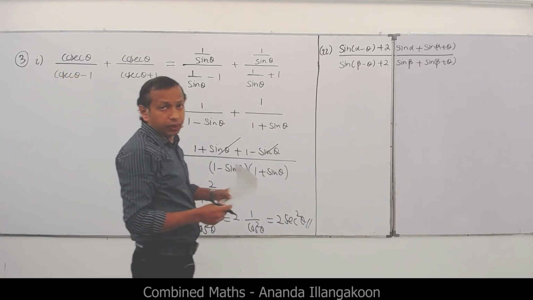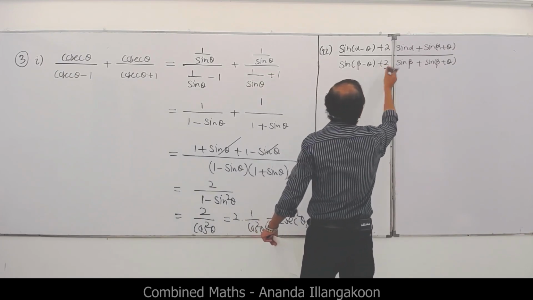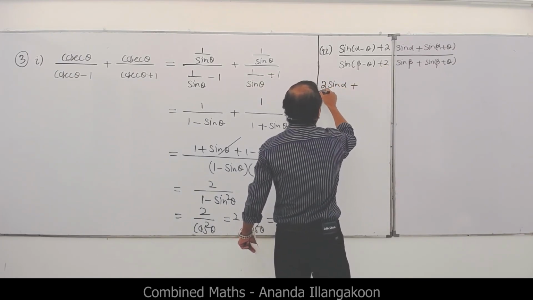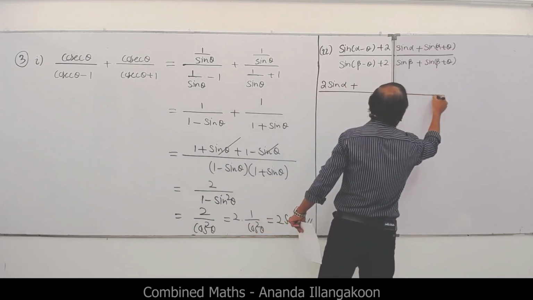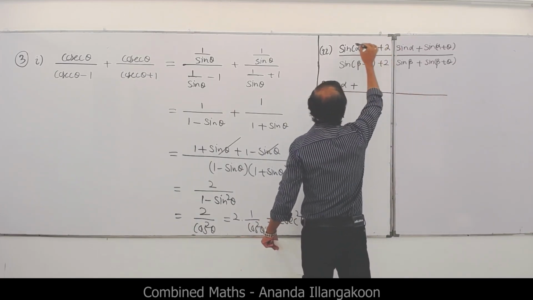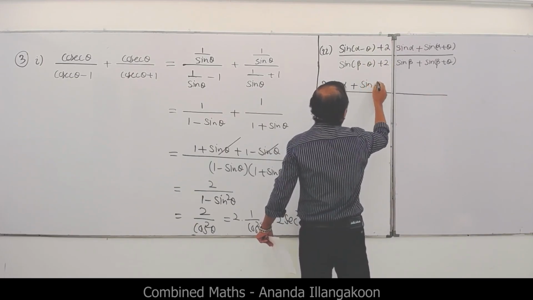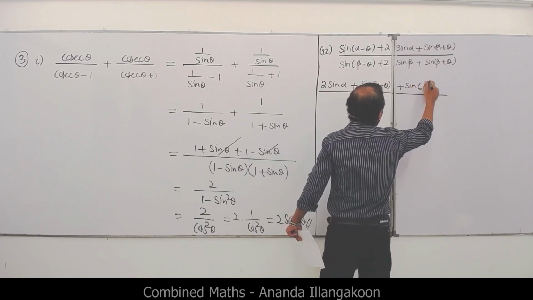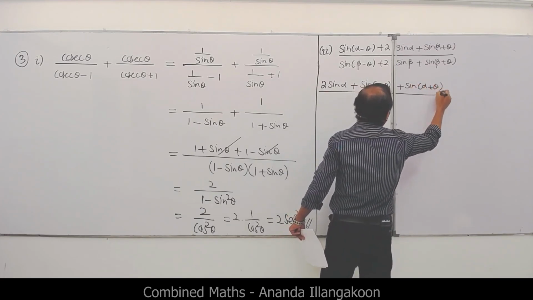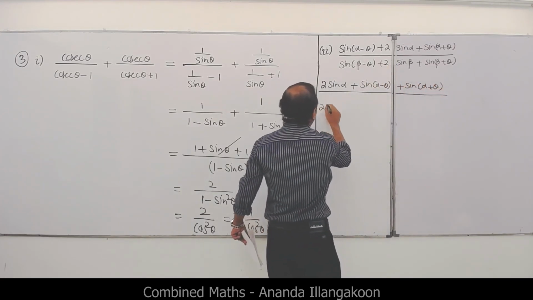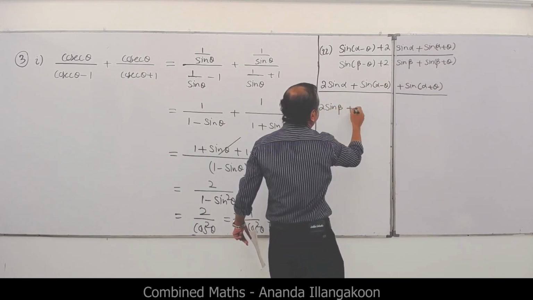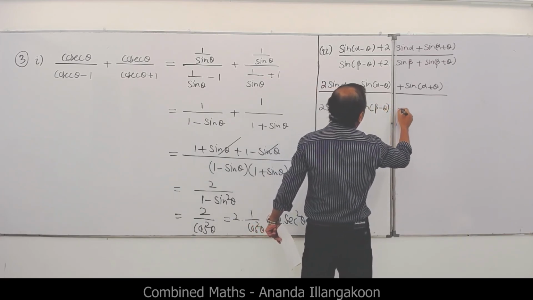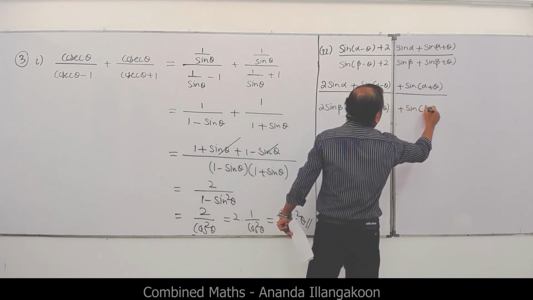Right. I take this 2 sin alpha to the beginning of the numerator. Then I have this sin alpha minus theta plus sin alpha plus theta. And here 2 sin beta I take before this way, sin beta minus theta, sin beta plus theta.